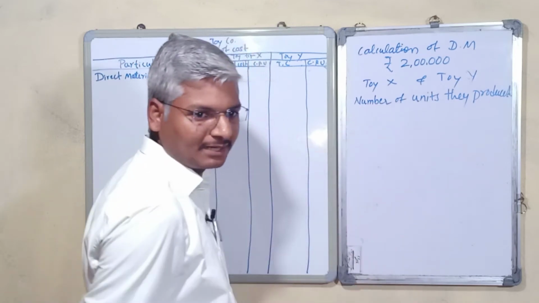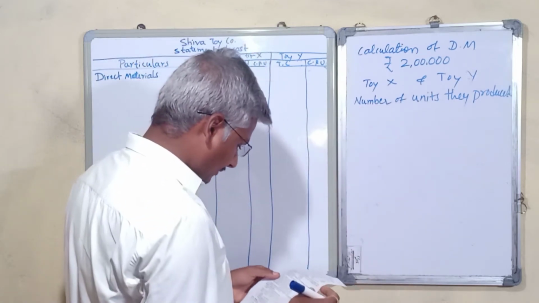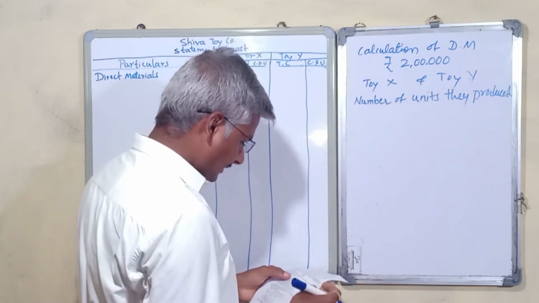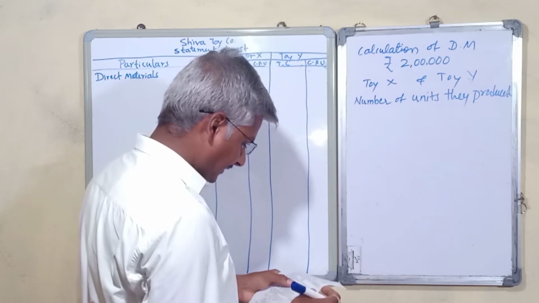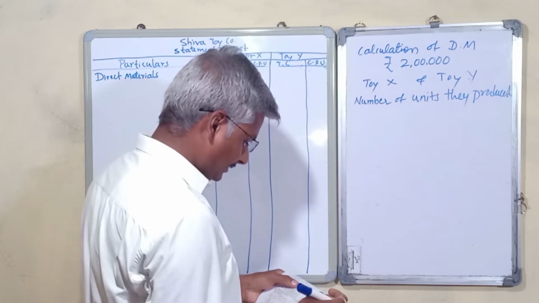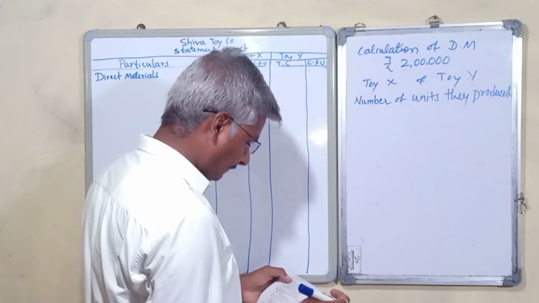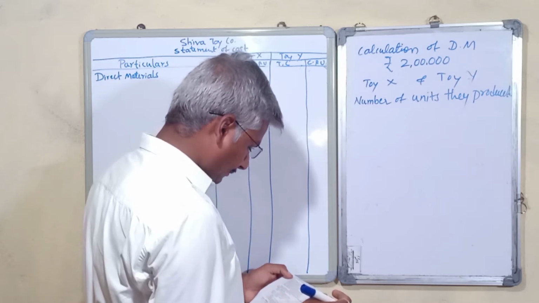Then in the problem they have given direct materials in type X cost twice as much as direct materials of type Y.